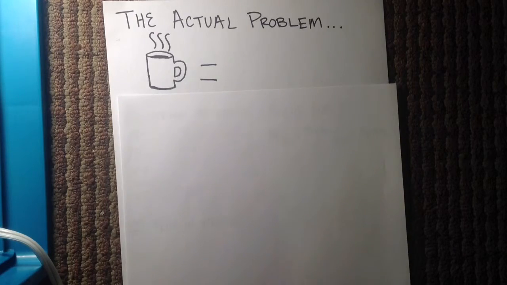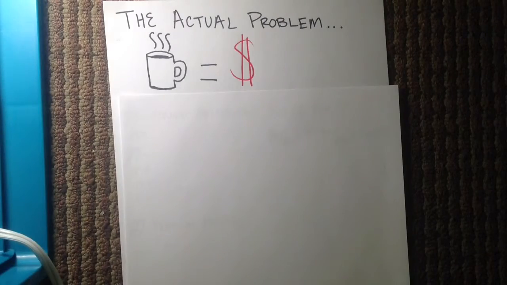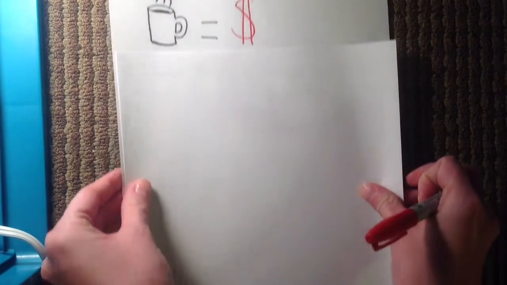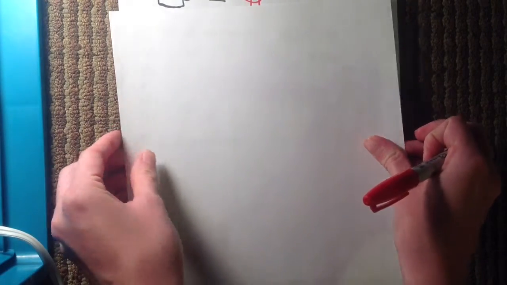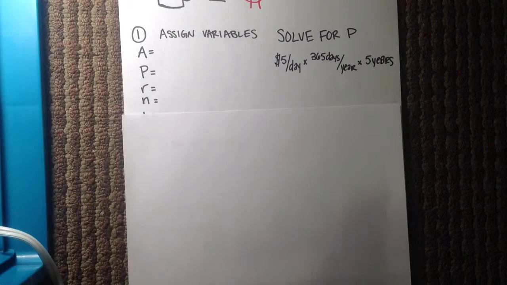The start of this problem is that coffee is not cheap, and that's the basis of this problem. It's an issue very near and dear to many college students. So, let's go into the situation. In the first 5 years after graduating, you work at a really stressful job, and you drink a giant cup of coffee 7 days a week, 365 days a year.